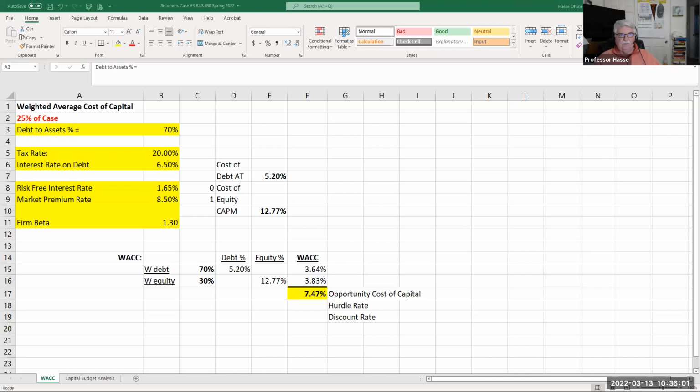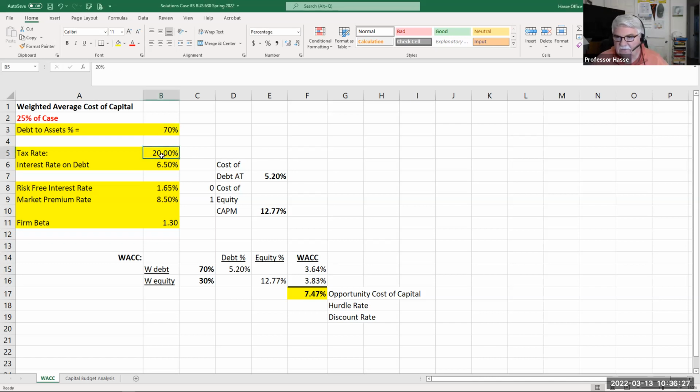Well, first of all, what is our weighted average cost of capital? This is 1/4 of the grade of this case. 25% of the score of your grade on this case is made up in your calculation of average cost of capital. And a couple areas where some of us had some difficulties. In the case, it's told that our debt to assets relationship is 70%.